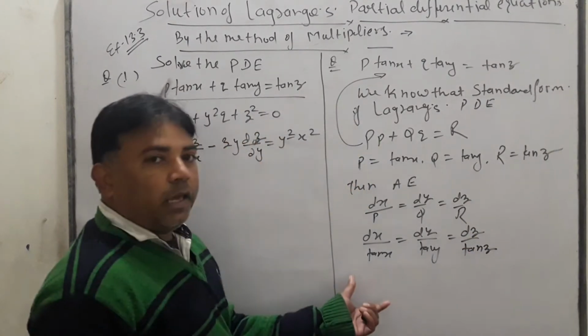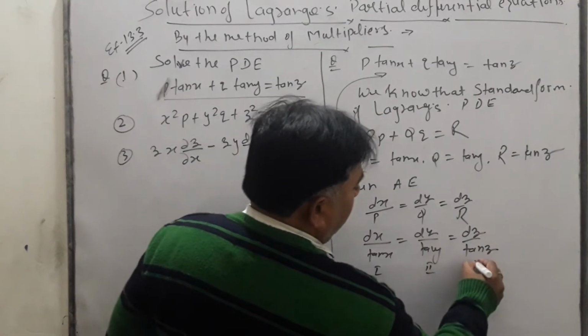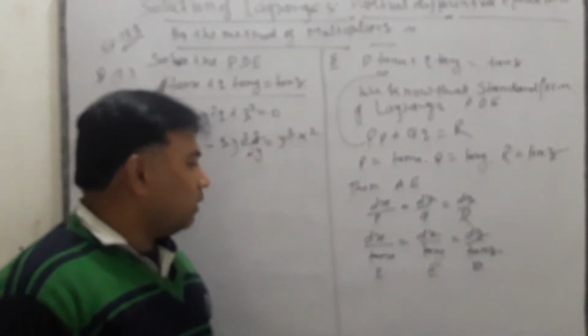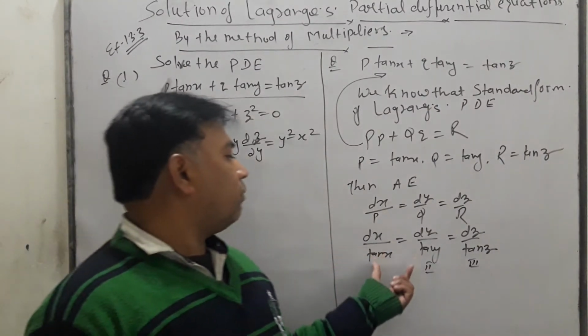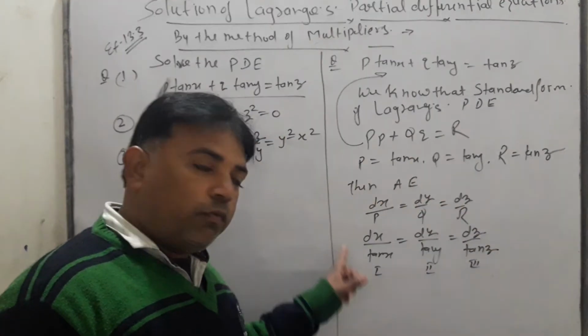Here you can see there are three terms, first, second and third. We take only two terms at a time.